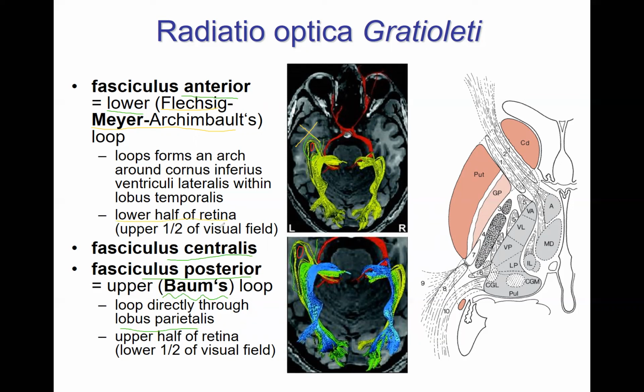But don't forget that the lens reflected or changes the direction, so it comes from the upper half of the visual field. It's due to the lens reversion. So if you have problems down in the tract, you have problems up in the visual field.